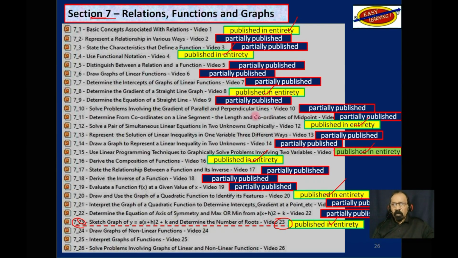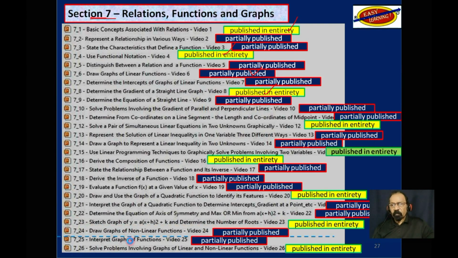The others are only partially published on YouTube. By now you know, check the description in the video below if you need to gain full access to these videos that are only partially published on YouTube. I am at objective 24 right now, which would be video 24. When that is finished, it will be partially published. And then, of course, we will have 2 more videos, 2 more objectives to do.